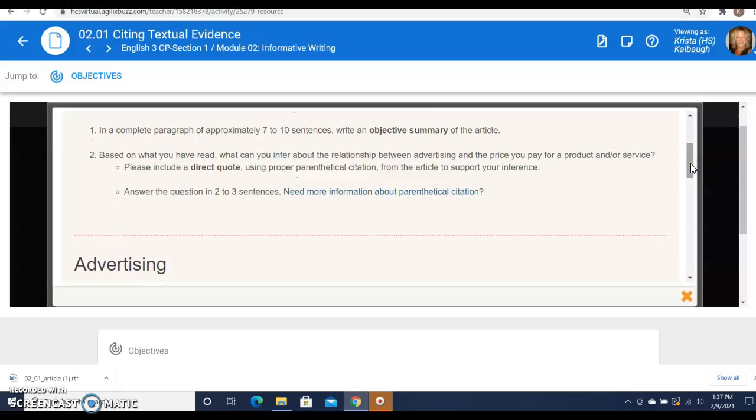Okay. If I am selling some kind of product and I'm going to use a celebrity, a musician, if I want Jay-Z to sell my product, that is going to cost me some money. All right. He's well known. He's famous.